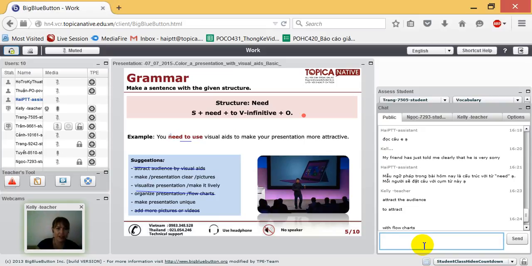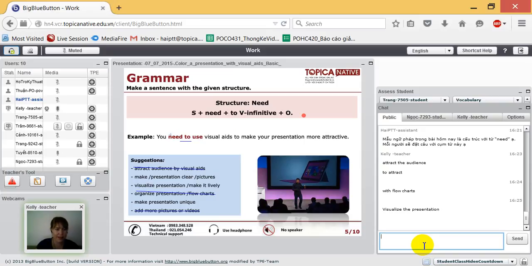Okay, so you need to visualize the presentation. Okay, to make it lively. Can you repeat that, Tuet? You need to visualize the presentation to make it lively. Yeah, perfect. All right, great job, great job.